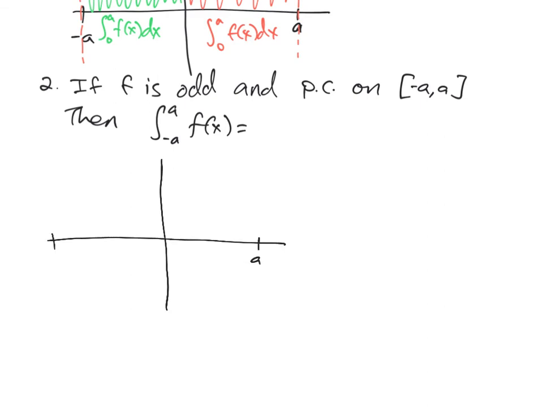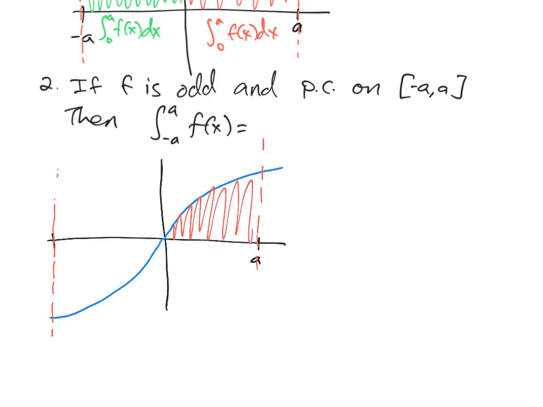So we've got something that looks like that on the right-hand side, and then on the left-hand side, it's going to have to be the same thing, but down underneath. So the part on the right-hand side is our integral from 0 to a.